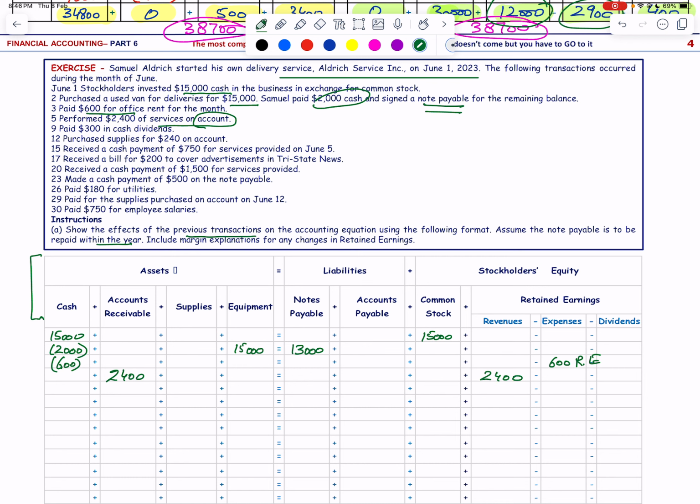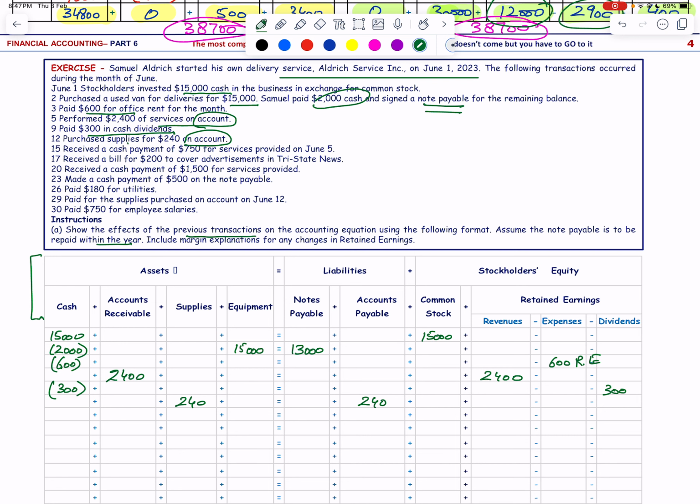Then we have paid cash 300 on dividend. So cash is going to decrease by 300, and dividend is for 300. Purchase supplies for 240 on account. That means not for cash. So supplies is plus by 240, and our accounts payable is also plus by 240.